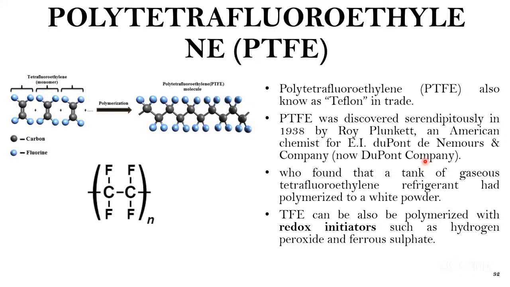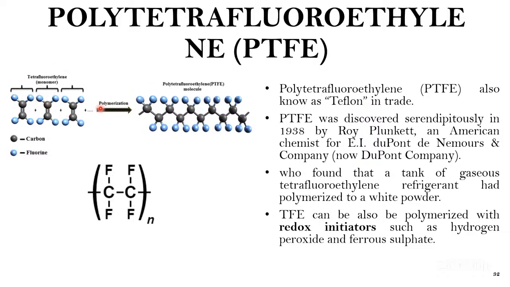I am working in Celanese; we acquired DuPont one year ago, in 2023. But as I know, this PTFE was invented or discovered by the DuPont company, and they gave this trade name Teflon. So many people know PTFE by the name Teflon.